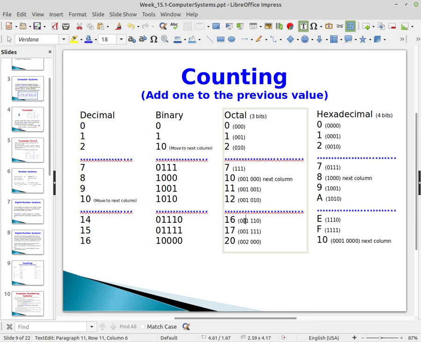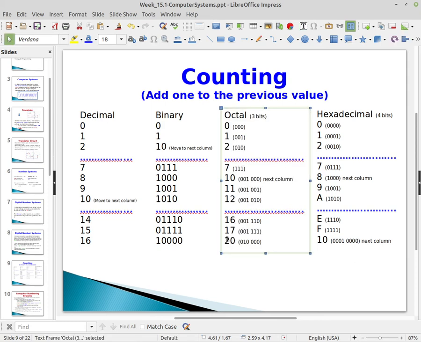So if you look at the binary bits, we have 6 binary bits being represented. So we have a 001 and then a 110. Okay, and then 17 is representing in binary 001 and then a 111.